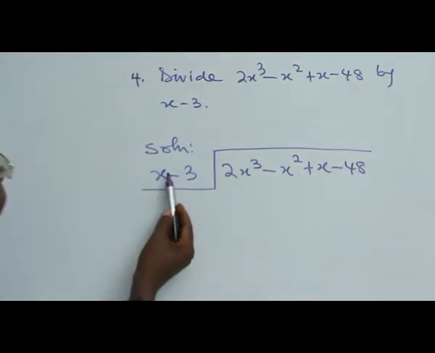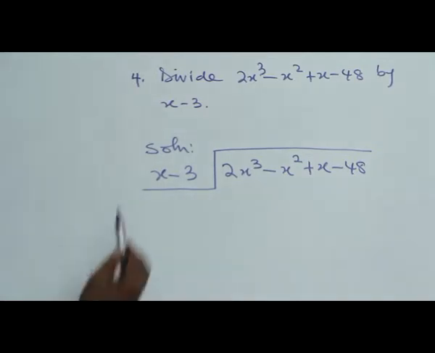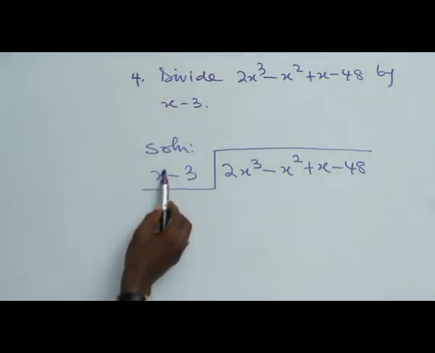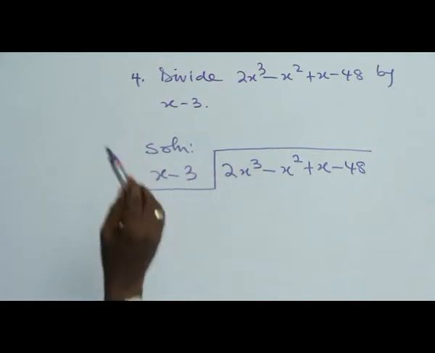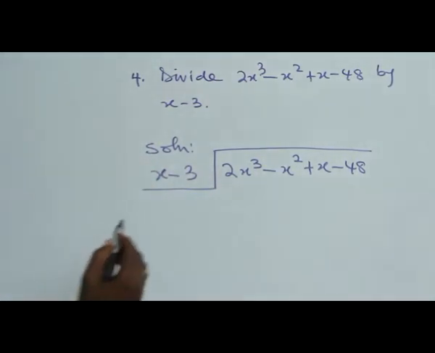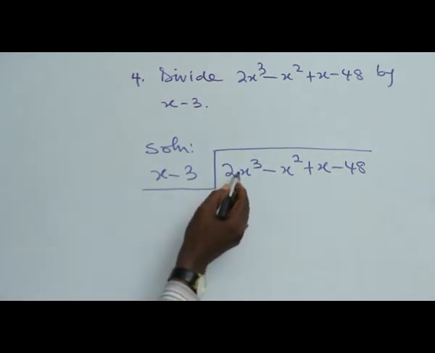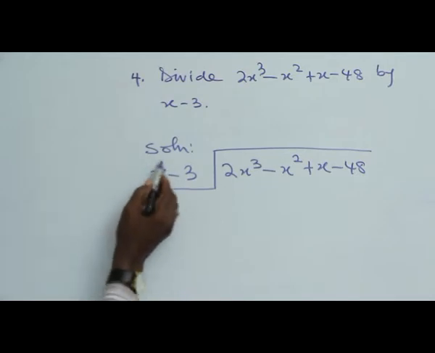You observe that the degree of the divisor is less than the degree of the polynomial. The degree of the divisor is 1. The degree of the polynomial is 3. Therefore, division is possible. Now, the first thing you do is to divide the first term here by the first term here, which is s.